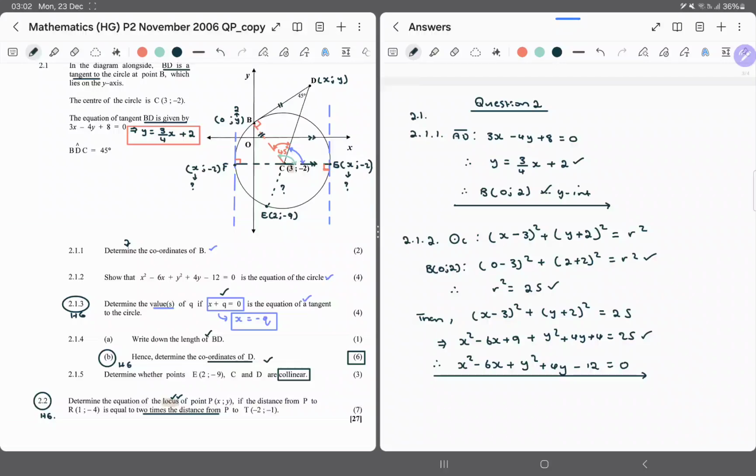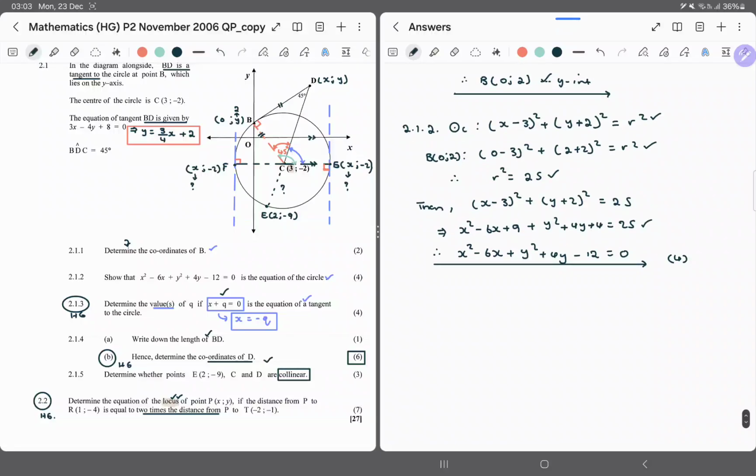Okay guys, you know what, this thing is challenging now. I still believe this is good. This is substituting the point, getting r squared, and then expanding this thing and sorting it up. I think that's good. I mean, if everything is done correctly, you still score full marks. Sometimes I don't know where the marks are. Anyway, so we know that we are done here.